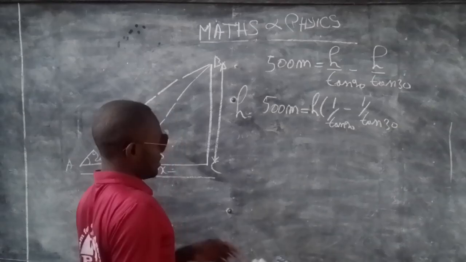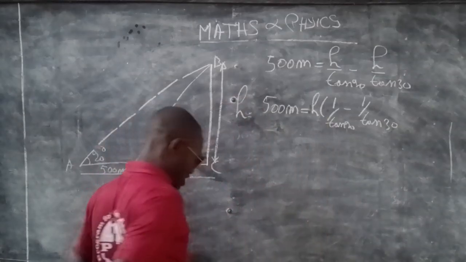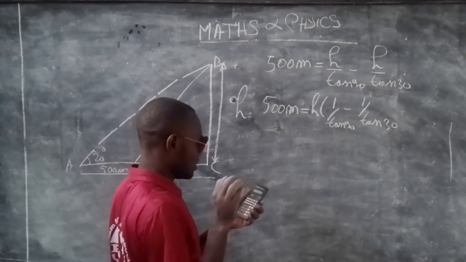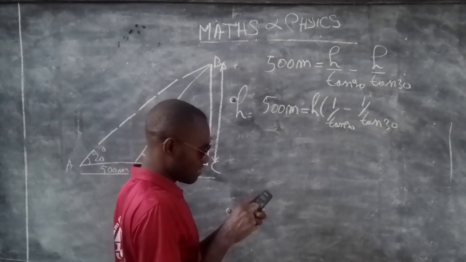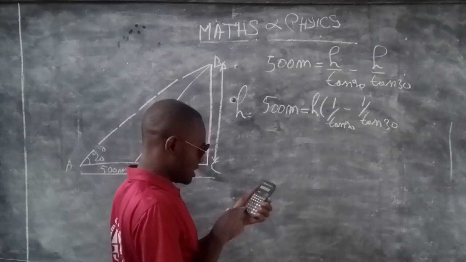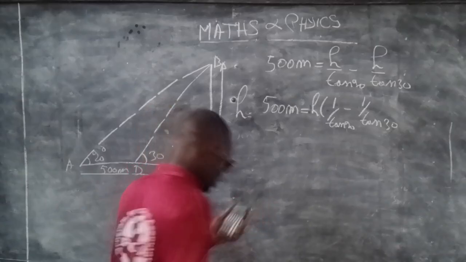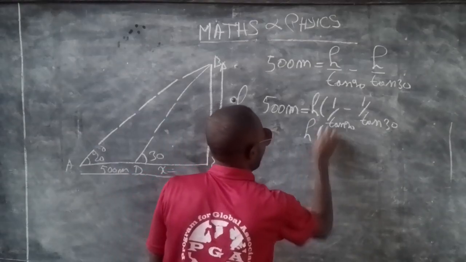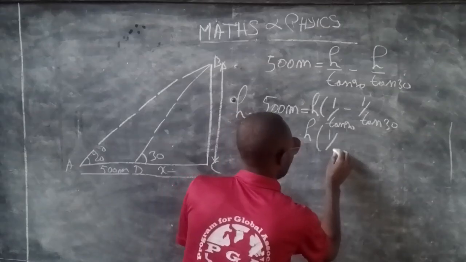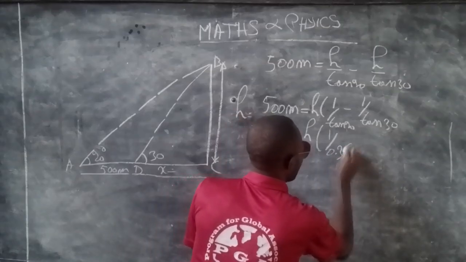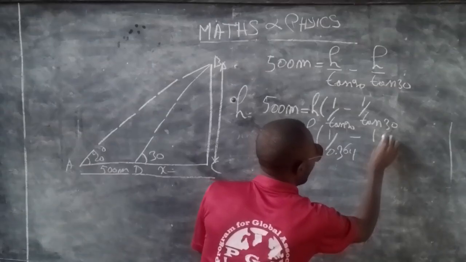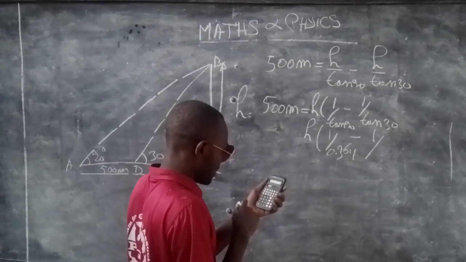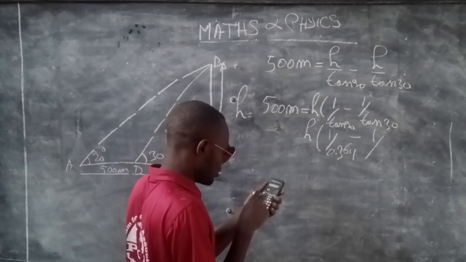Let's use the calculator for calculating the value of the angle. You turn on your calculator and press the second function, write 20 degrees and press tan. So here I get 1 over 0.364, minus 1 over, also second function, 30, then you press tan.